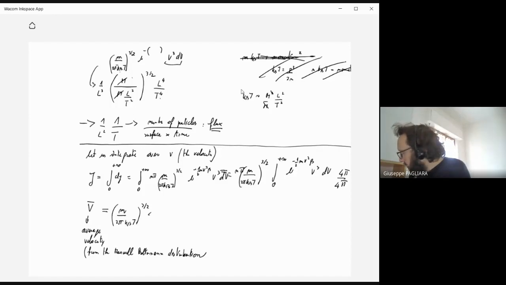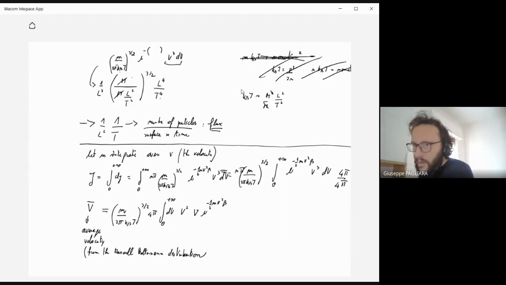Then I have a 4 pi that comes from the integration over the solid angle. Then the integral in dv from 0 to plus infinity of v squared that was present in the distribution times v, that therefore I have a v cubed, and then the distribution function, which was the exponential. Okay, so this is the average velocity, let me say in the bulk, which comes basically from our distribution function of the velocity multiplied by v. Now, if I have to find an average, I have to multiply by v.